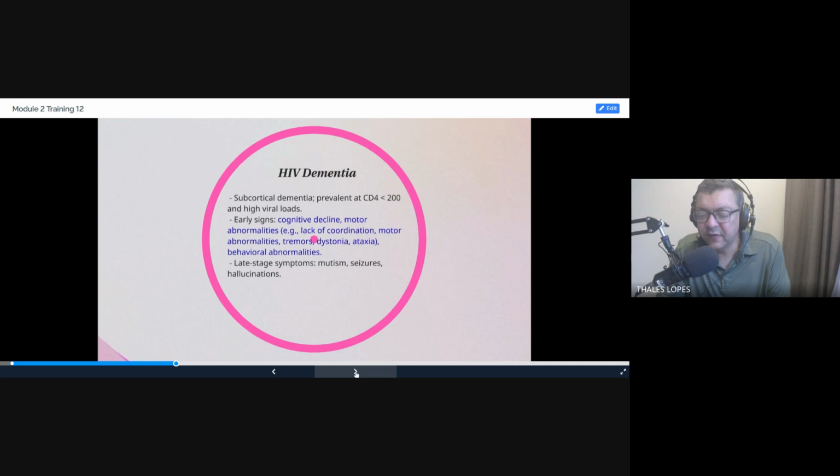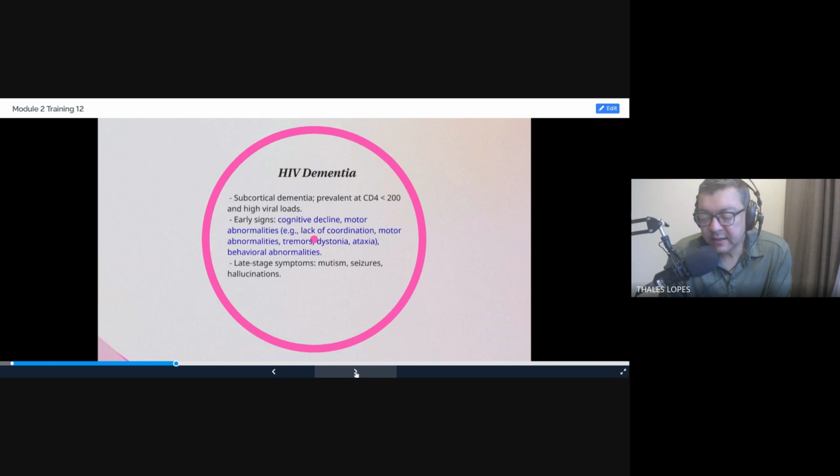That's what you want to do because giving any of the dementia medications will not help. Okay, so if CD4 is lower than 200, then you have a problem here. You really want the CD4 to be as high as possible, right?